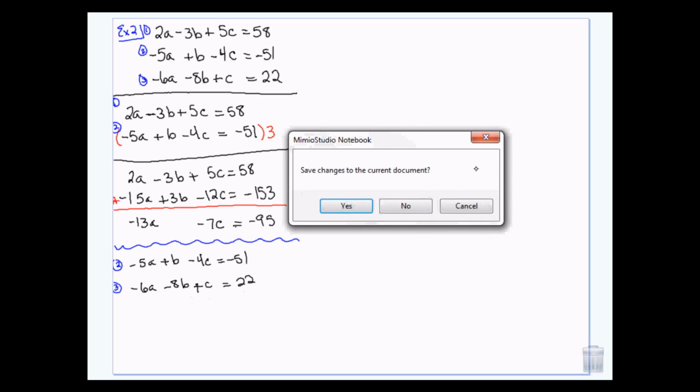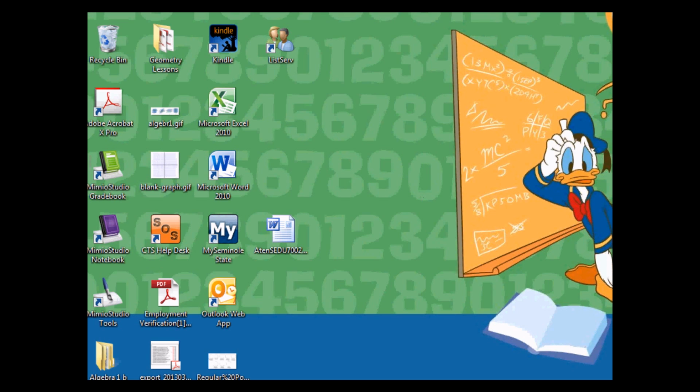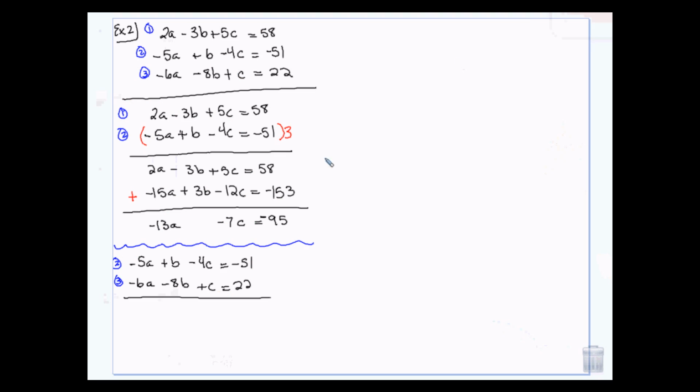Because we got rid of b the first time, we have to get rid of b the second time. So I'm going to multiply this equation by 8 so that my b's will cancel.